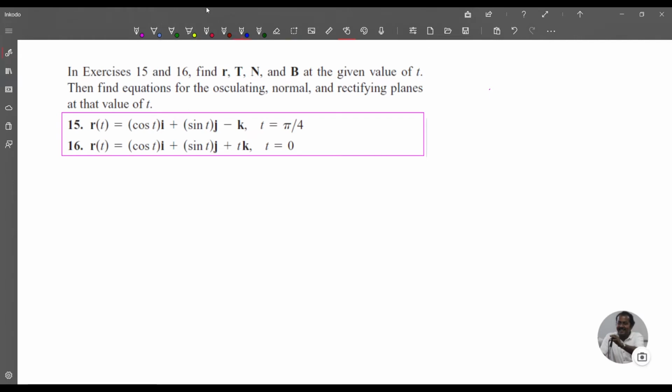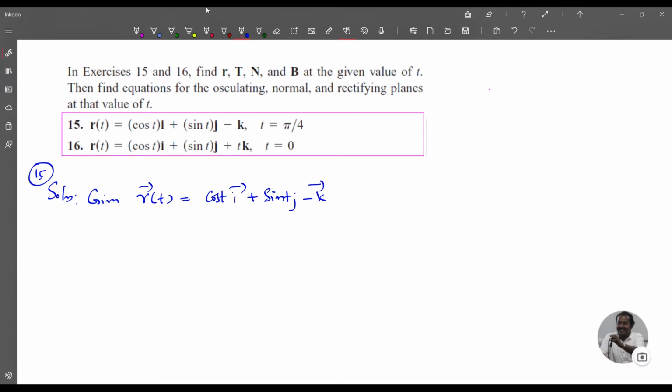So first of all, we have to find R at t equal to pi by 4. So solution, given R of t equal to cos t i plus sin t j minus k.